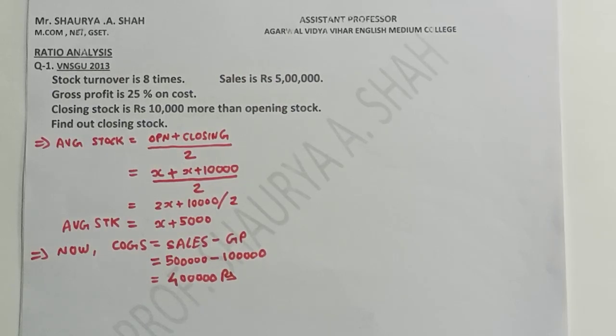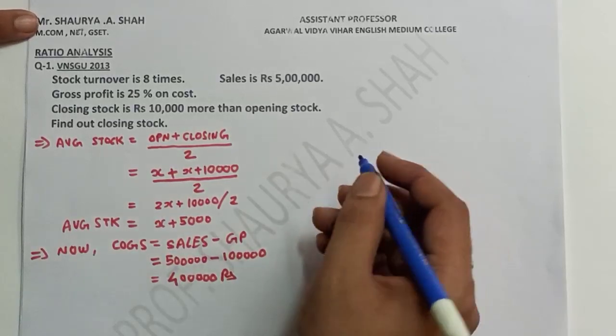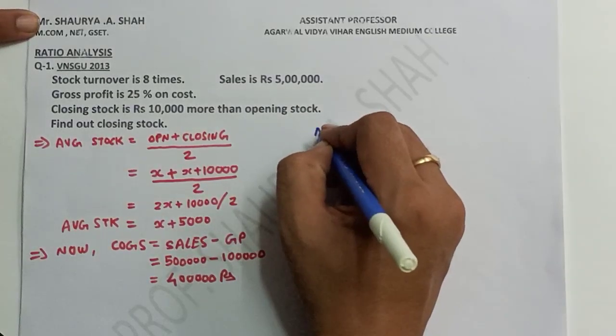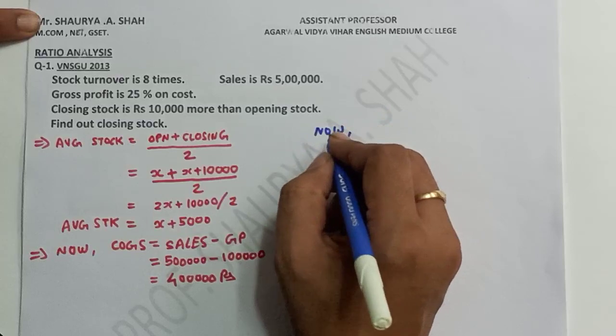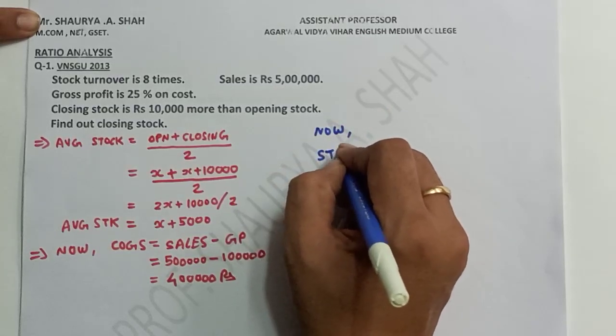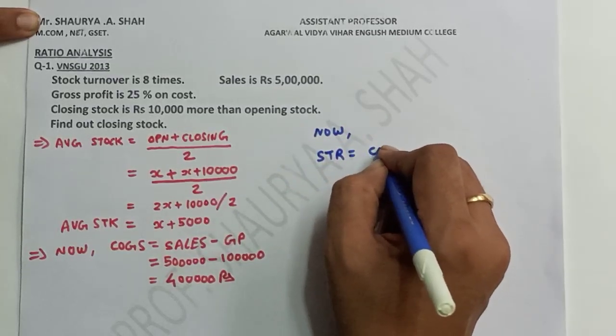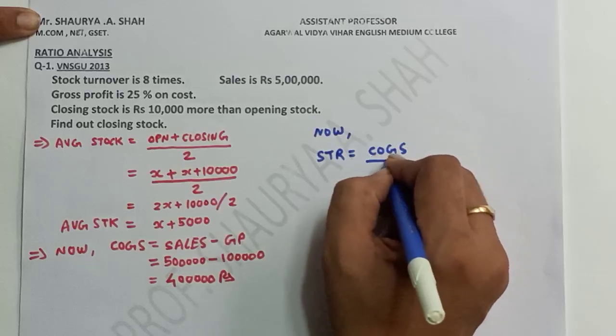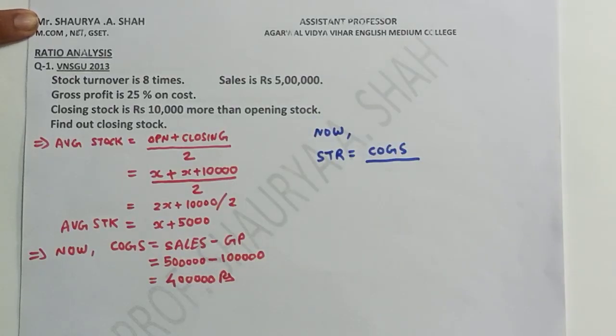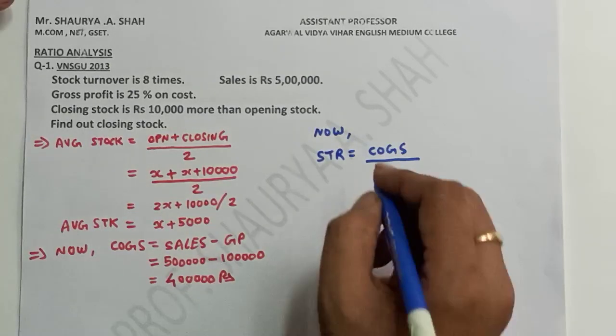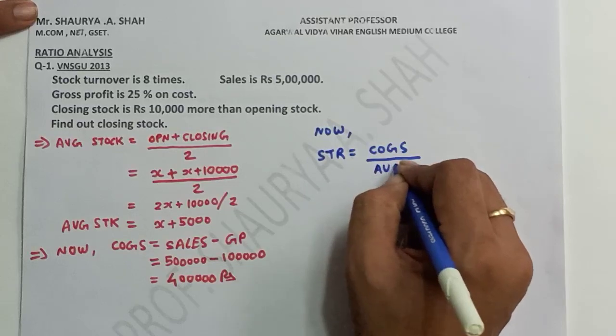So what we need to do is put it in the formula. Stock turnover ratio is equal to, remember students, it is important and necessary to write down the formula in each and every sum, cost of goods sold upon average stock.